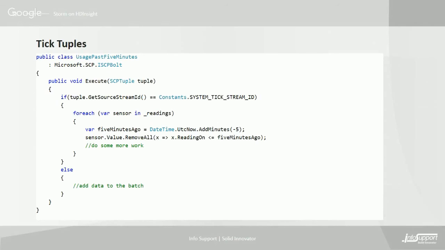And the tick stream gets active when you say this bolt needs to be alerted every second, every 2 seconds, every 5 minutes, whatever you want. So it receives 2 kinds of tuples. So when this one fires, I know that 5 minutes has passed. So I can look again at the data which is stored in memory, see how much has been consumed. Oh, it's more than a certain threshold, then I can alert the user as well.